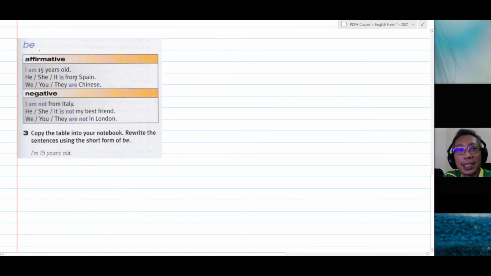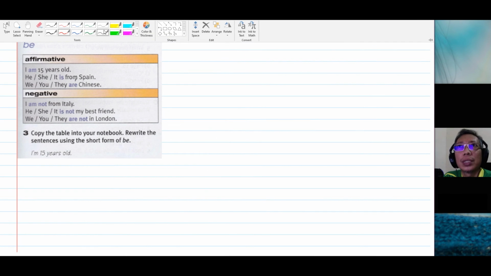Verb be. Okay, you are given this grammar table divided into 2 sections, affirmative and negative. Inside each section, there are 3 examples describing the affirmative and negative sentences. Okay, let's go through all those sentences now. In the affirmative section, the first sentence is, I am 15 years old.